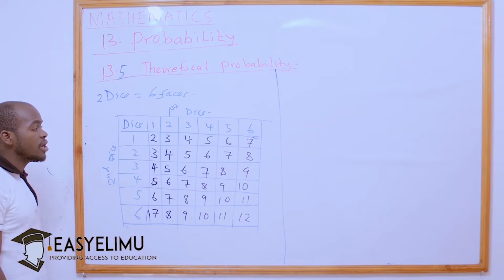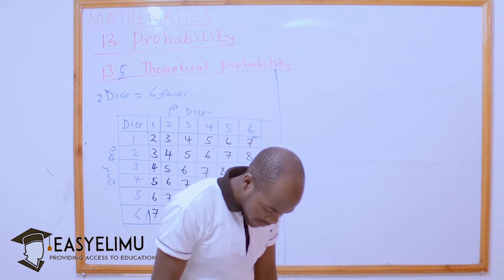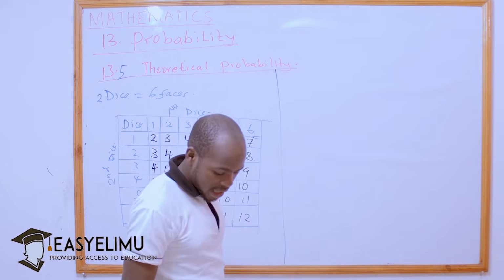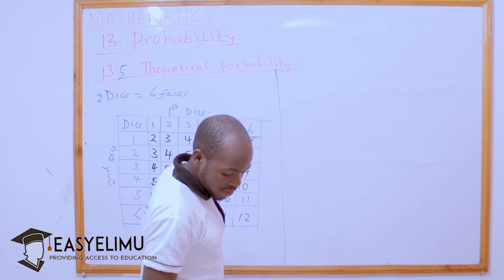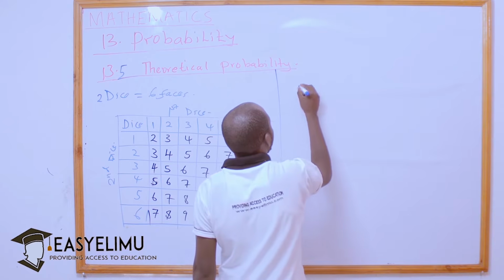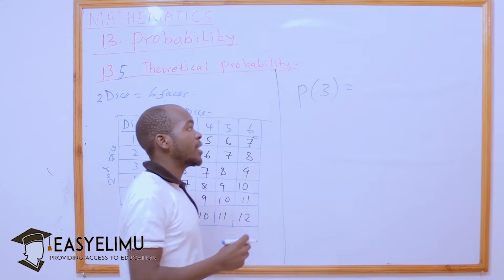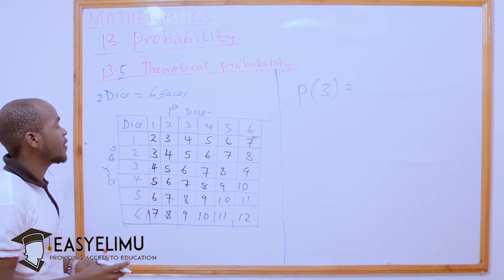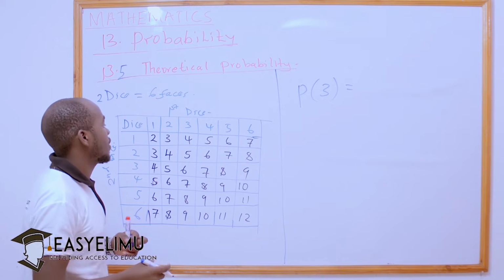We were asked to find the probability that the sum of the numbers showing on their faces is 3. So we want to find the probability that the sum of the faces will be equal to 3 after tossing 2 dice together.